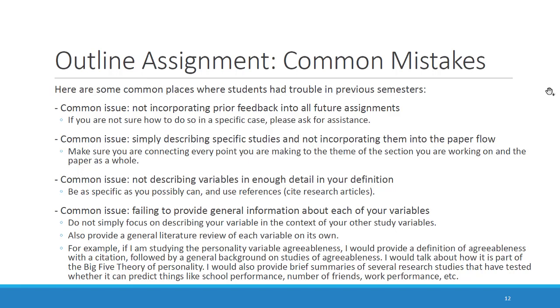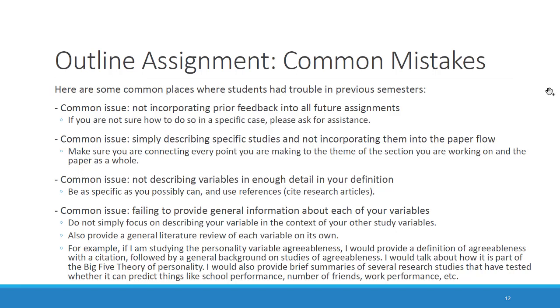So, for instance, I might look up conscientiousness, and then I see that it is part of what we call the 5-factor model of personality. And then I might see other things that conscientiousness has been known to predict besides job performance. I can talk about all that stuff, and that would be totally appropriate and correct for me to do so in my section on conscientiousness.